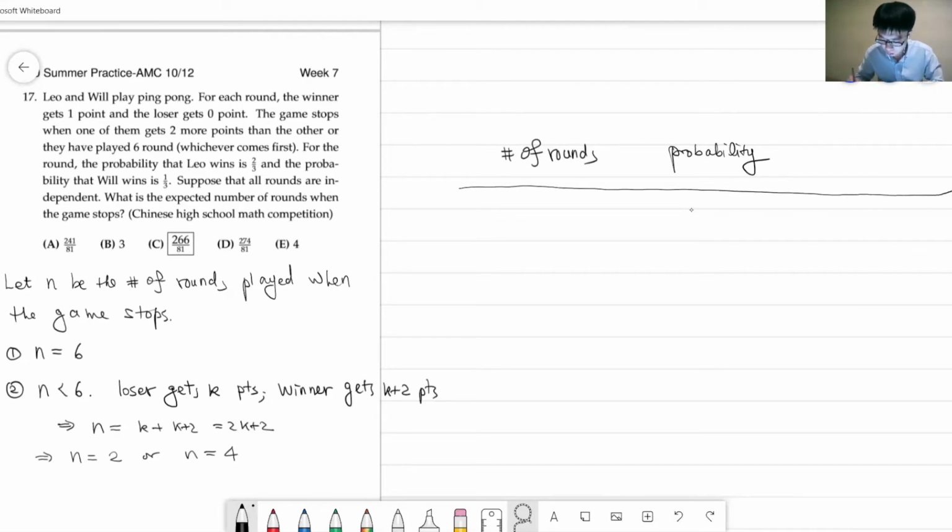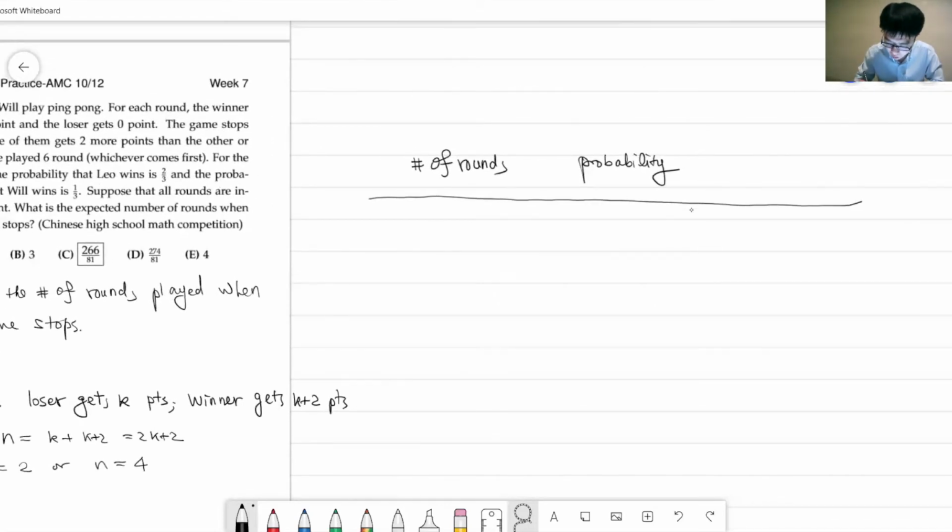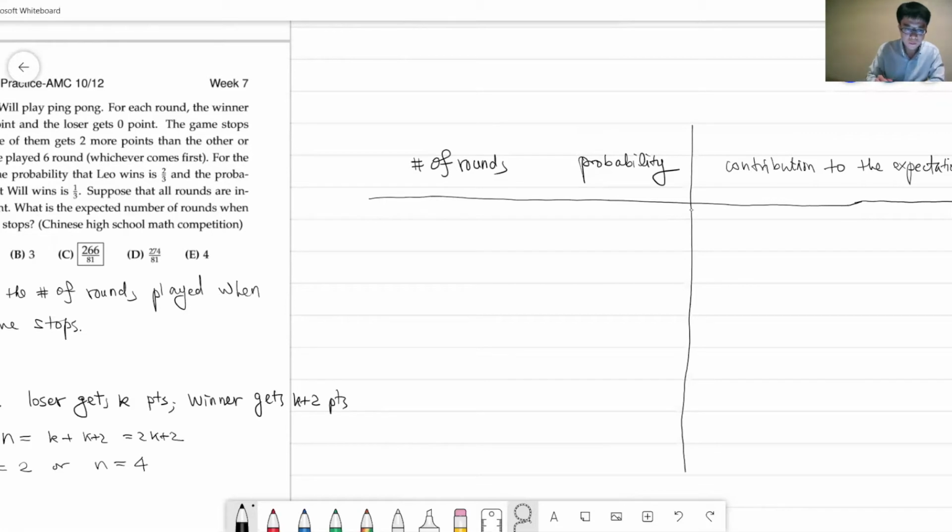The third part, let me write contribution to the expectation. Okay. So for the number of rounds, we have 2, 4, and 6.